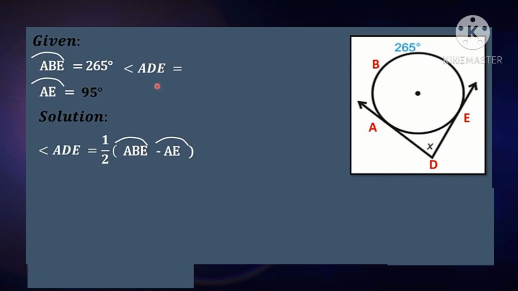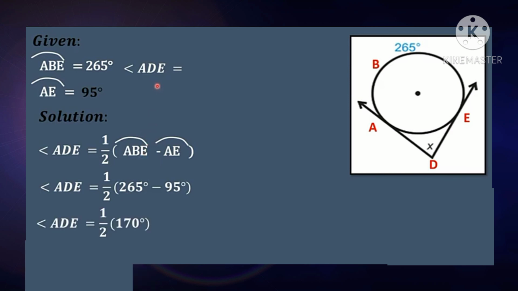Angle ADE is equal to 1/2 of 265 degrees minus 95 degrees. 265 minus 95 is 170 degrees. So angle ADE is equal to 1/2 of 170 degrees. The final answer will be angle ADE is equal to 85 degrees.